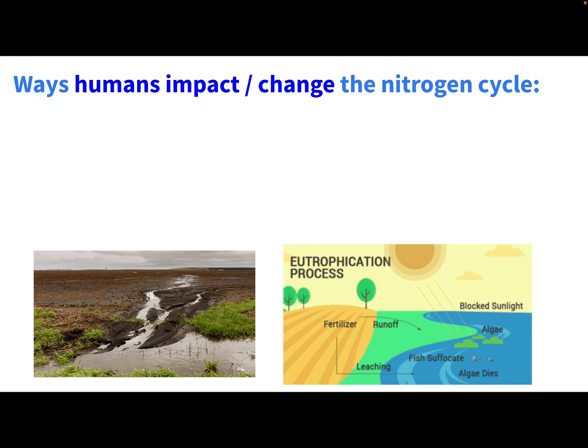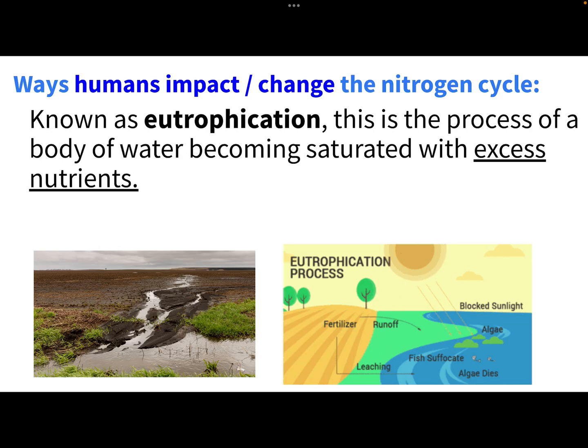And this excess nitrogen gets into a nearby body of water, right? Because runoff goes from high to low. It's a gravity-driven process. So if there is some runoff from a rainstorm and it brings some of this extra nitrogen into a nearby river, this process is called eutrophication. That's what this bold word is, eutrophication.